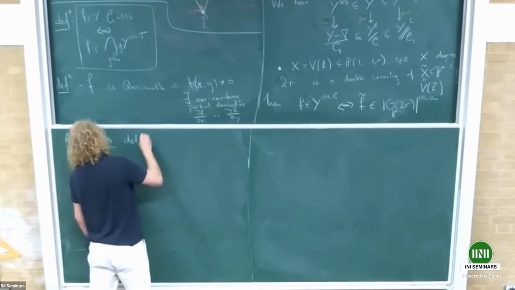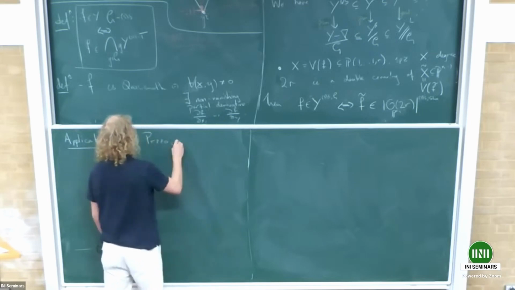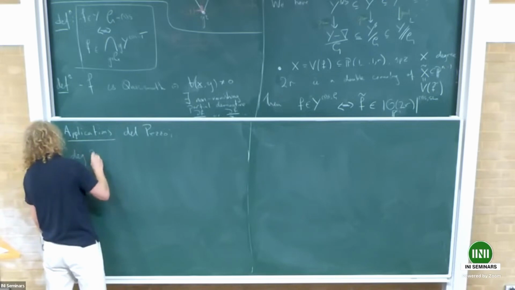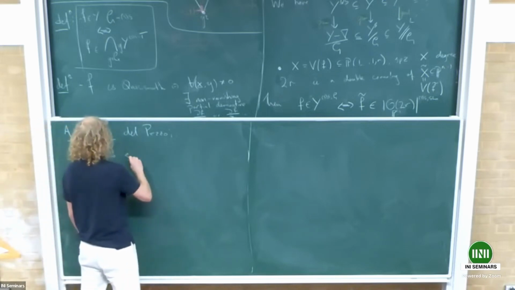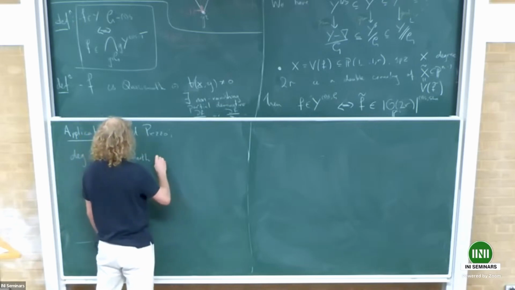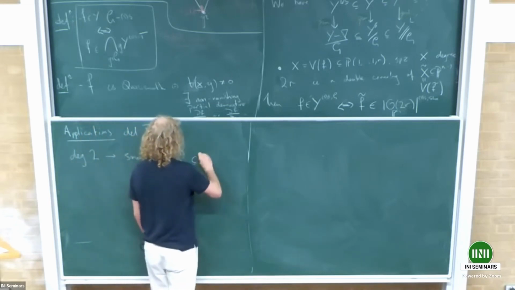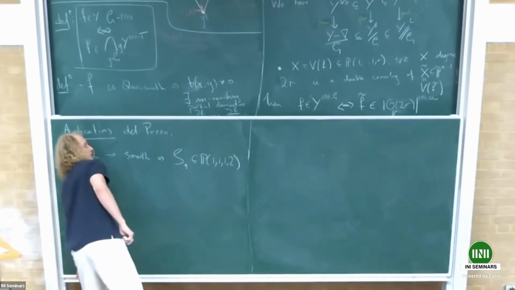So we'll start with Del Pezzo surfaces of low degree. Okay, so degree 2 Del Pezzo surfaces, the smooth ones, mean that they look like surfaces inside P1, 1, 1, 2.